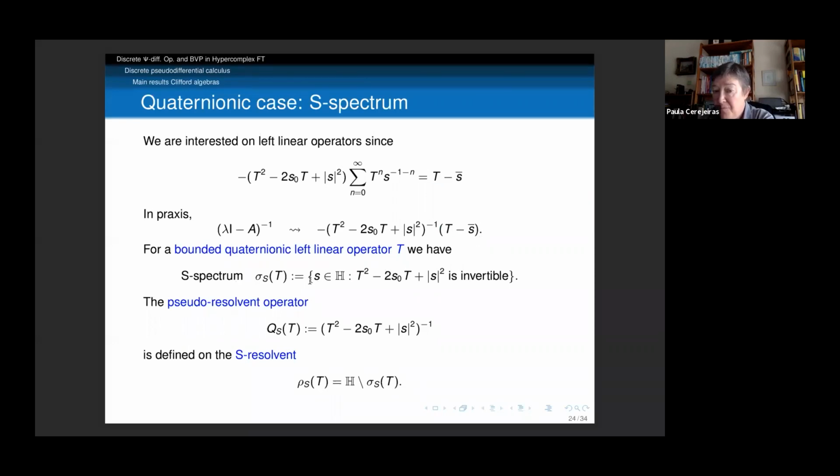So the spectrum associated to an operator is simply the set of elements where this is not invertible. So you have the pseudo-resolvent operator and the S-resolvent. The elements in which this is invertible are simply the quaternions minus the spectrum.